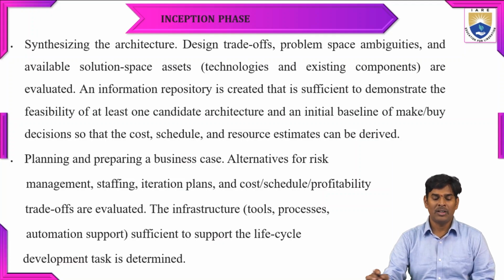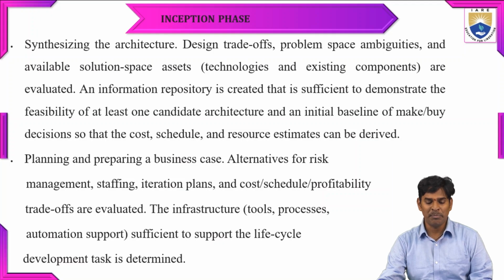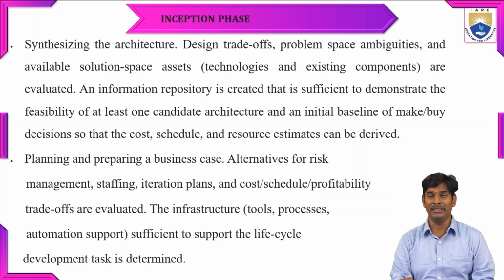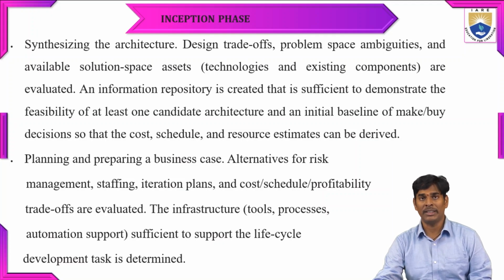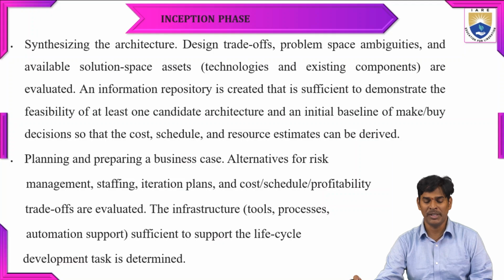Whereas the third one is planning and preparing a business case here. Okay, the first one is that they need to design and allocate the various types of requirements, and the next one is the architecture. So they need to define what the trade-offs are. And the next one is planning and preparing the business use cases.